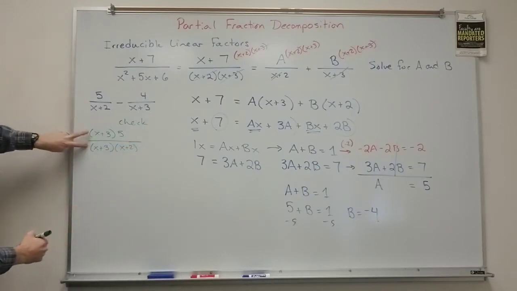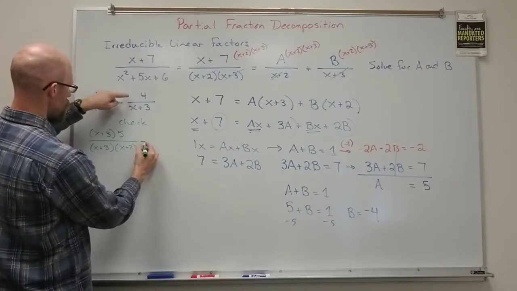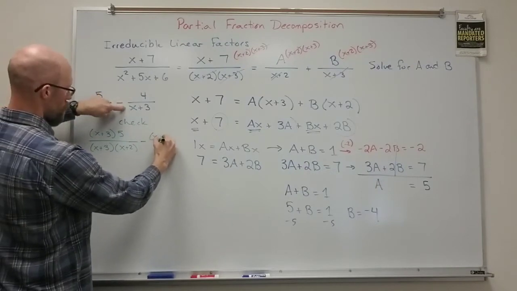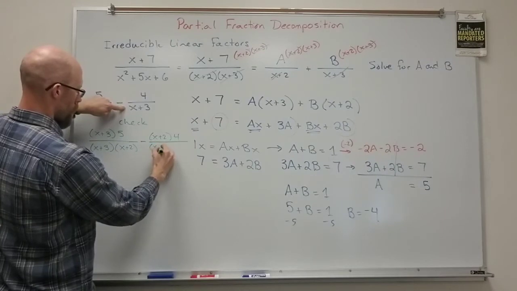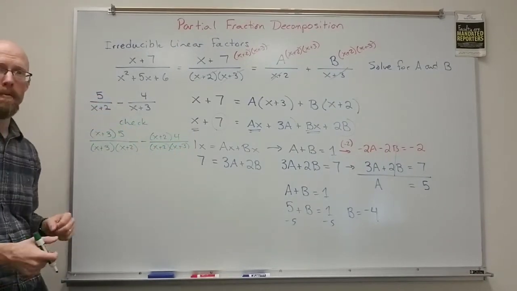So I multiply top and bottom by x plus 3. And then the other fraction is going to be x plus 2 times 4 over x plus 2 times x plus 3. So I'm multiplying that on the top and the bottom.